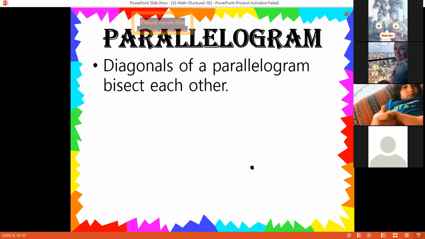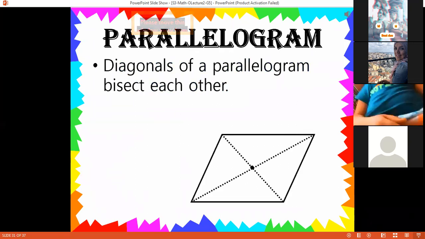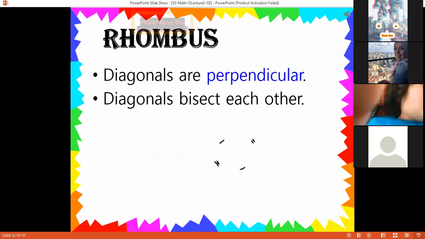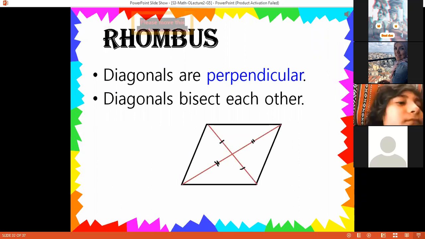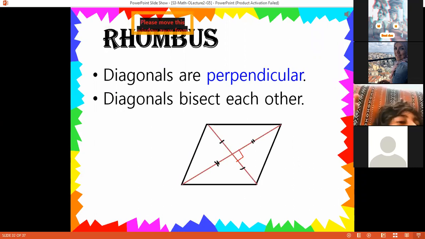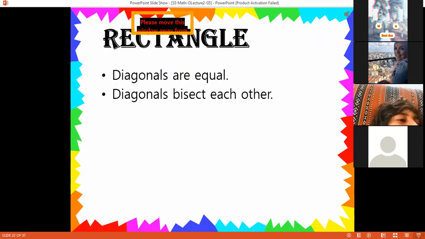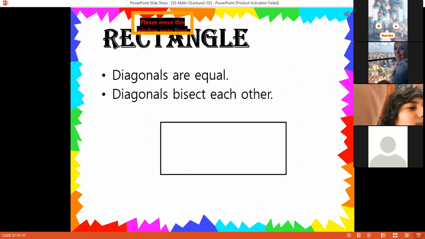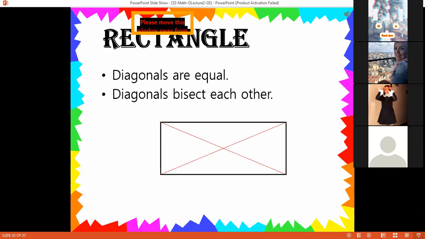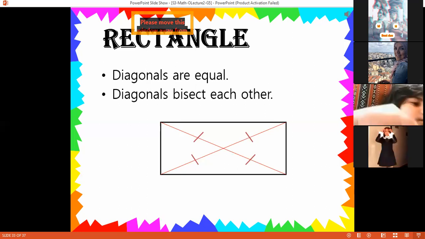You have to study them. A parallelogram has only diagonals that bisect each other. A rhombus: perpendicular and bisect each other. A rectangle: bisect each other and equal.